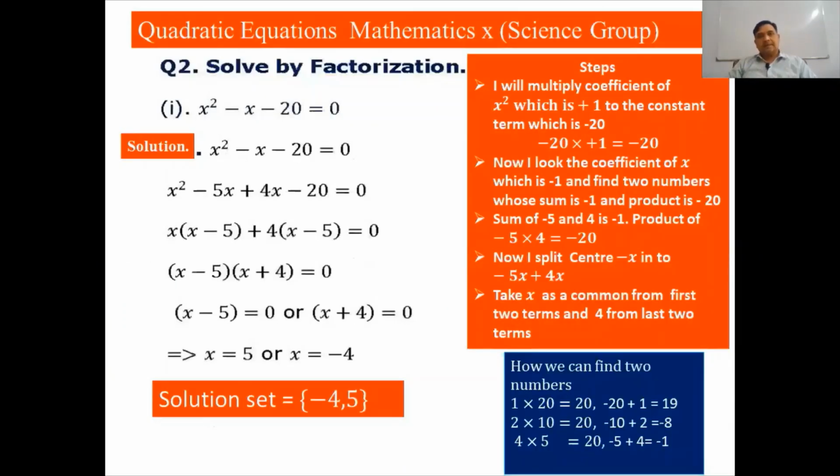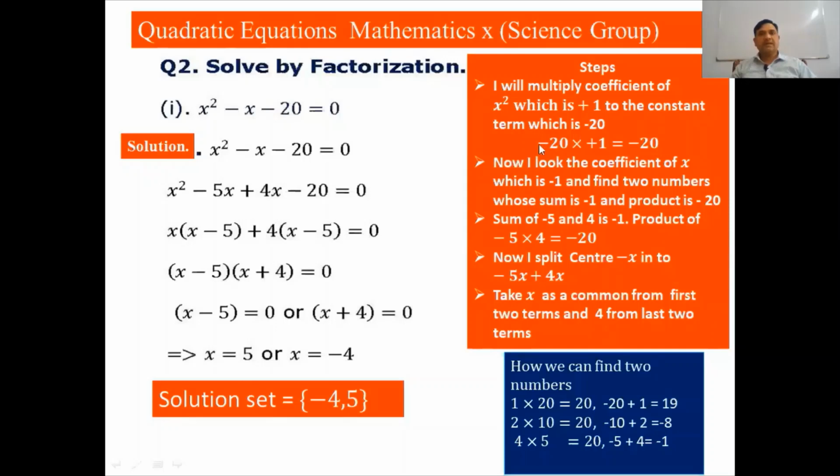So let's start with the questions to solve by factorization. Question 1: x square minus x minus 20 is equal to 0. So what are the steps? First, I will multiply the coefficient of x square, which is 1 here, and the constant term, which is minus 20.